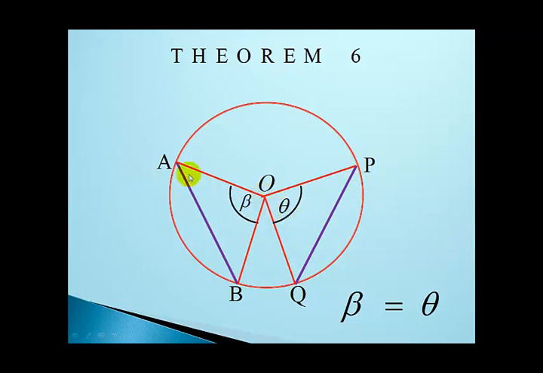Now if the length of chord AB is equal to the length of chord PQ, then the angles that the chords AB and PQ subtend at the center of the circle are the same, that means beta is equal to theta. That is theorem 6.